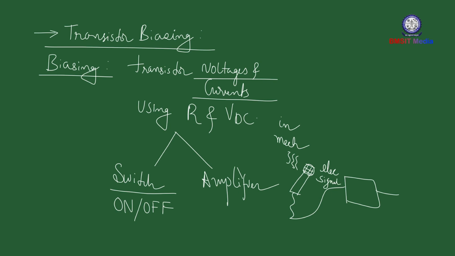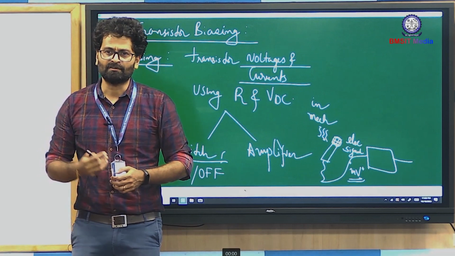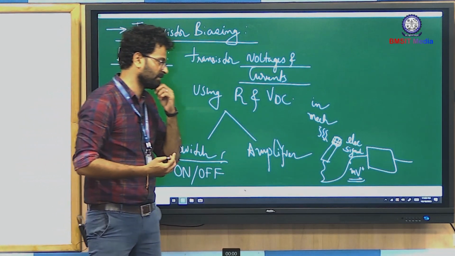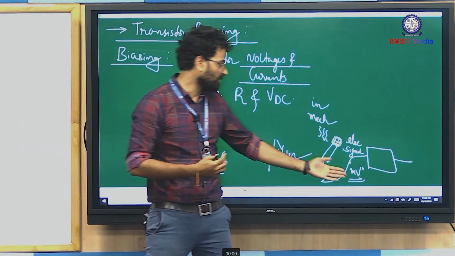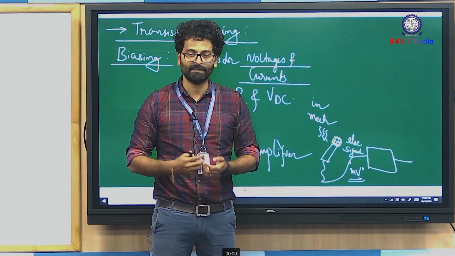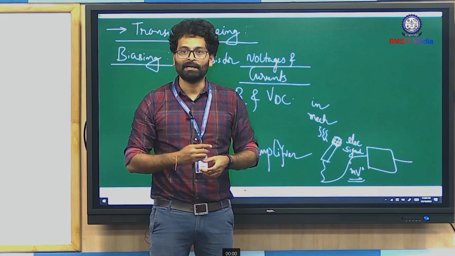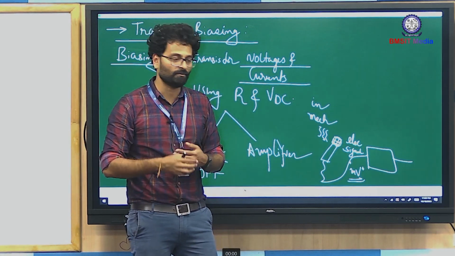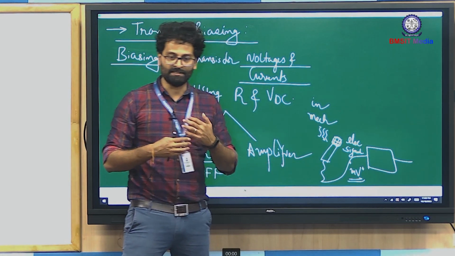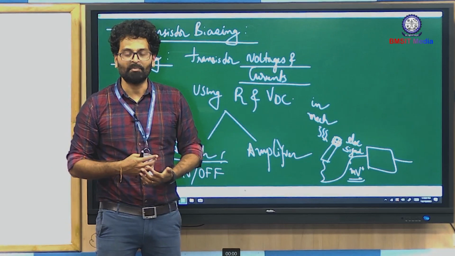So the problem is that the microphone gives out the electrical signal with a very small amplitude, in the range of millivolts. With this amplitude, you will not be able to drive a loudspeaker, because speakers usually operate at a larger power level. So you have to increase the power level of the signal.